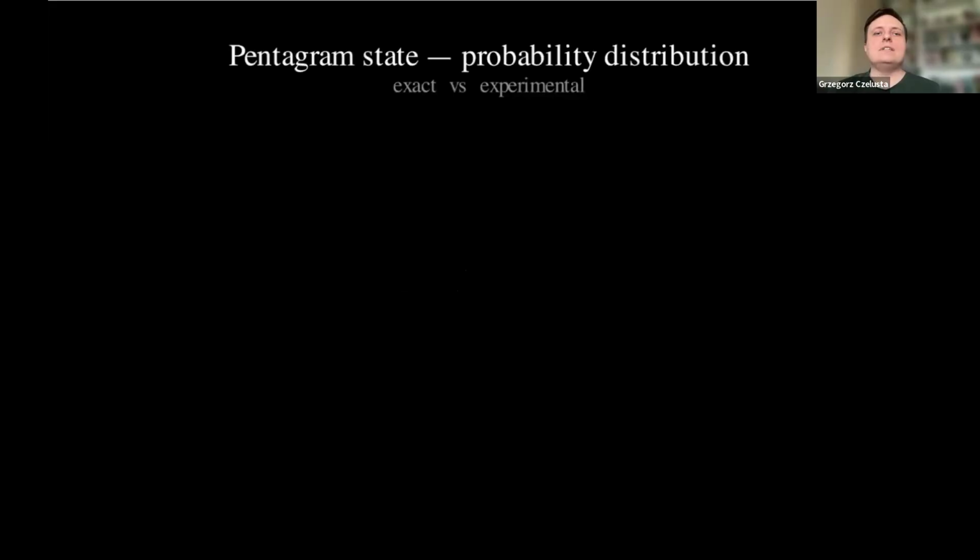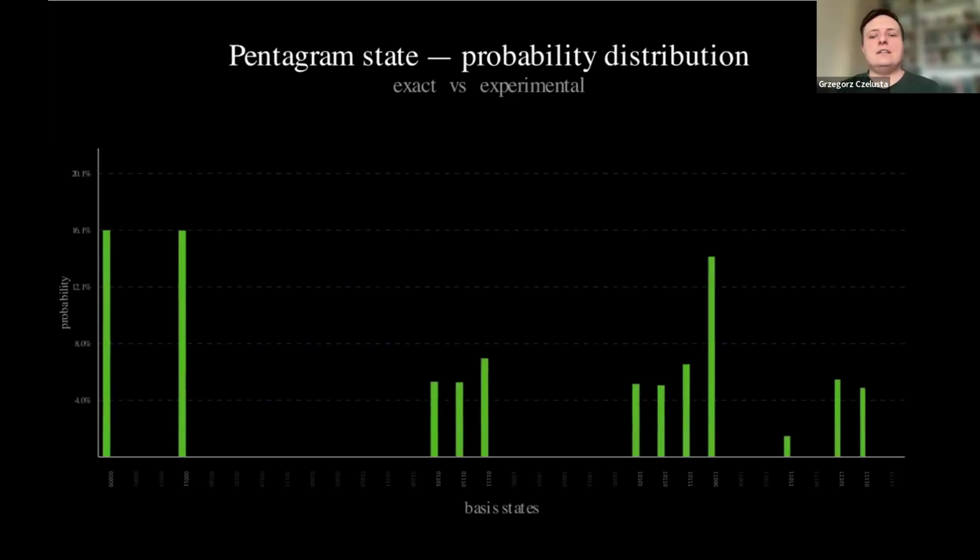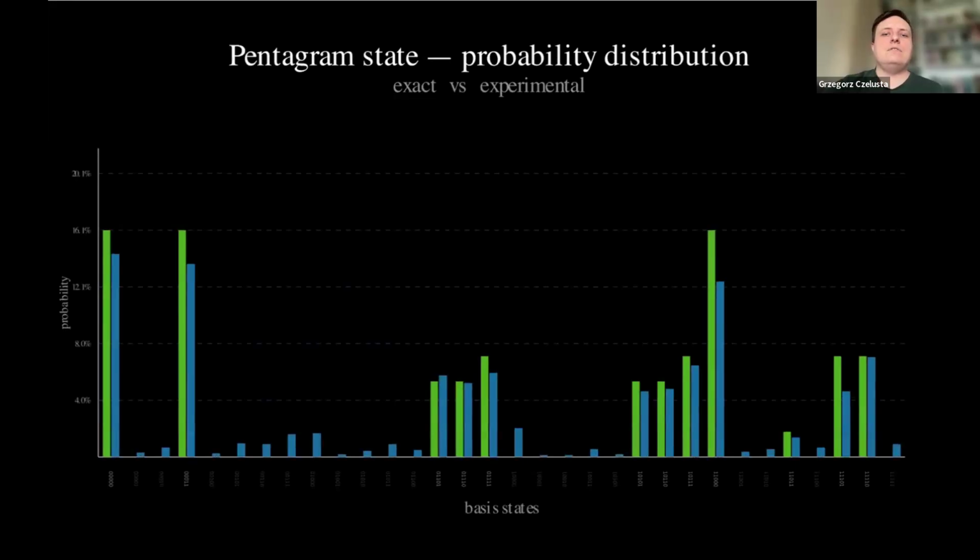And here I have an example of generating a spin network state on real quantum hardware. Here I show the generation of a 5 vertex spin network, and this plot compares the probability distribution over computational basis states obtained from the quantum processor and the distribution obtained by theoretical computations. These results were generated on the IBM processor. The green bars correspond to theoretical probabilities.